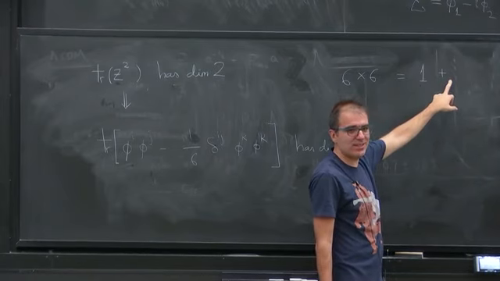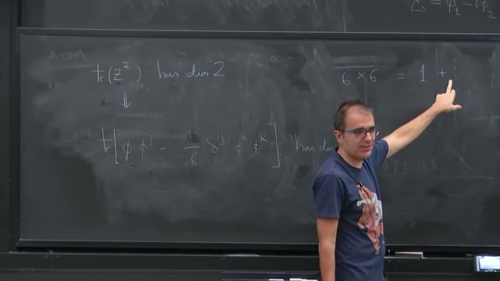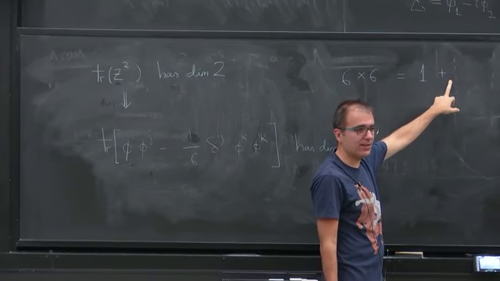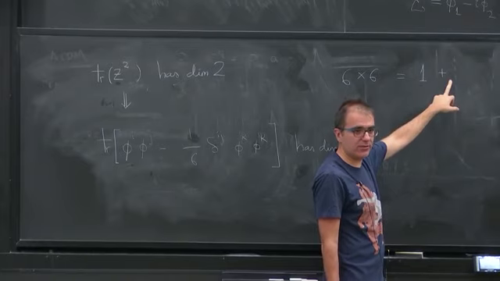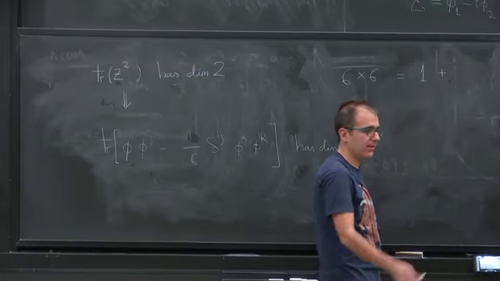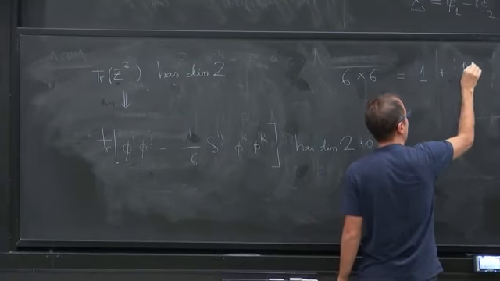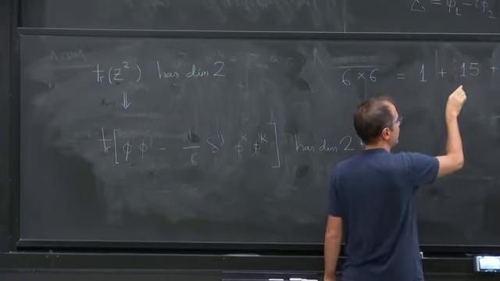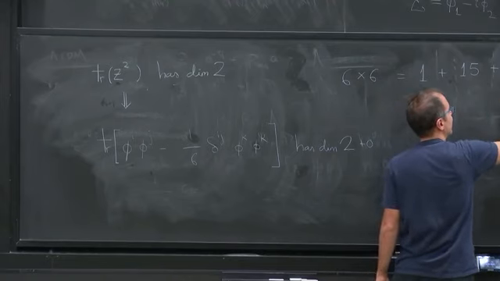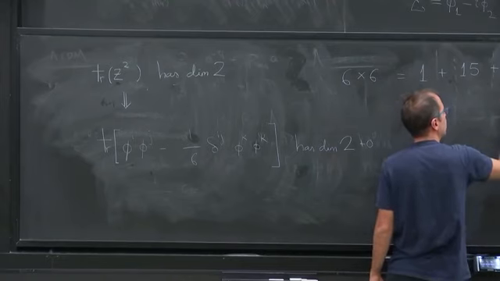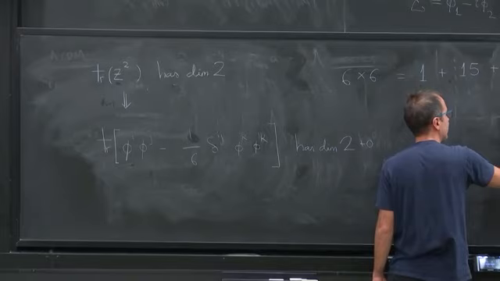The anti-symmetric is a bit easier. Let's do the anti-symmetric first. How many components? 15. You agree? It has two indices, so that's 15. So how many are missing? 20, right? So this 20 is called the symmetric traceless.